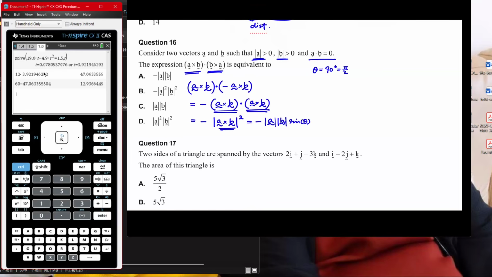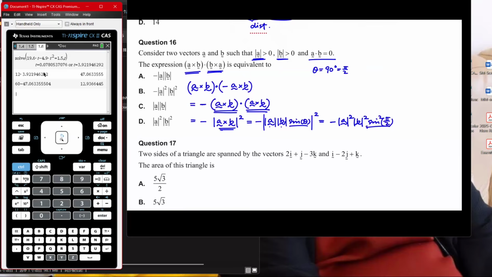If you take the magnitude of that, that is magnitude A times magnitude B times the sine of the angle in between. So eventually you get a minus magnitude A squared, magnitude B squared, and sine squared half pi.